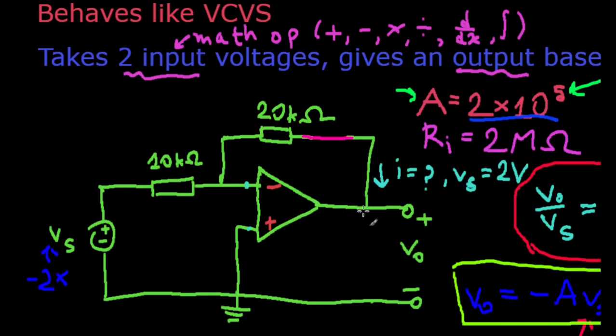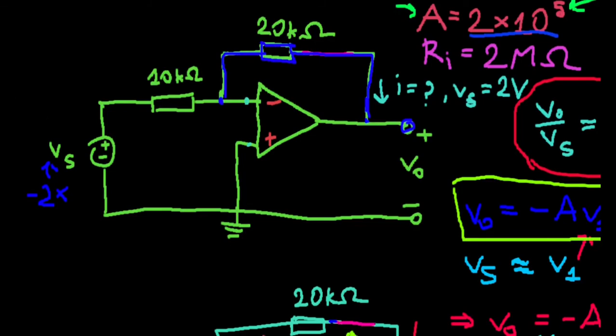This is your output terminal, and this is one of your inputs, and you have a connection from your output to your input right here. Before revealing the name, I'm going to tell you why it's called like that. But anyway, we have a connection here.